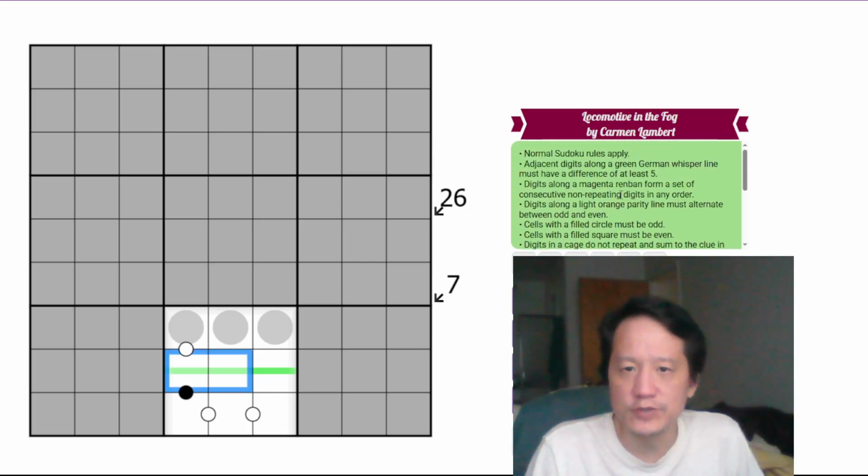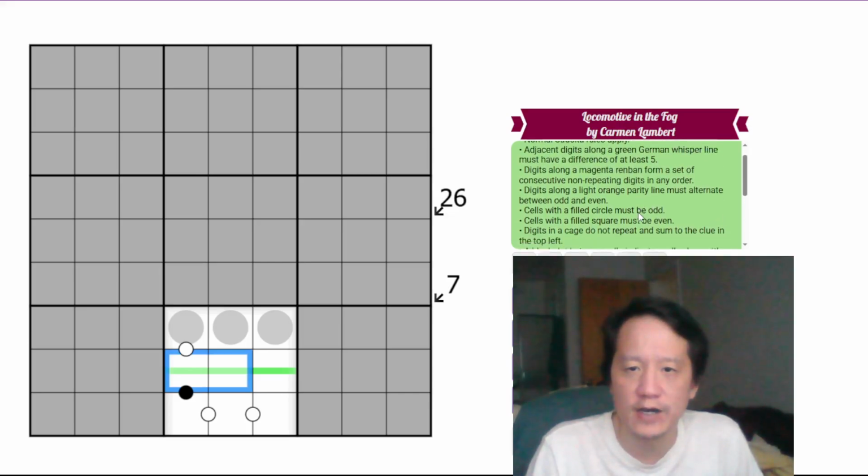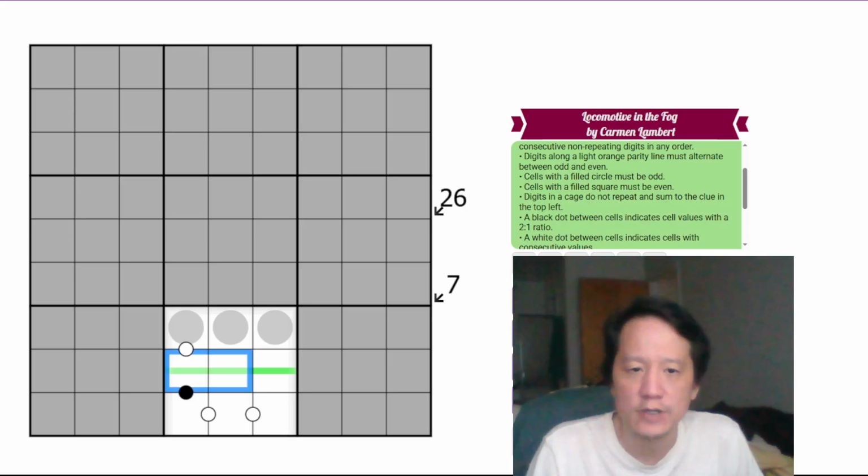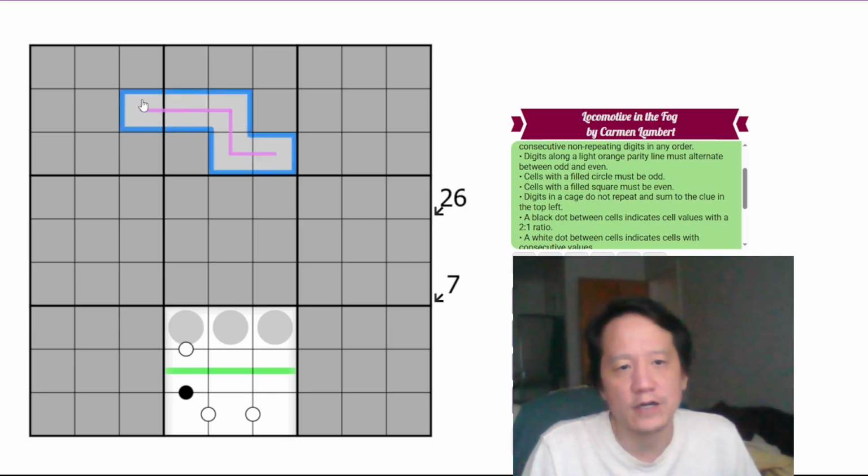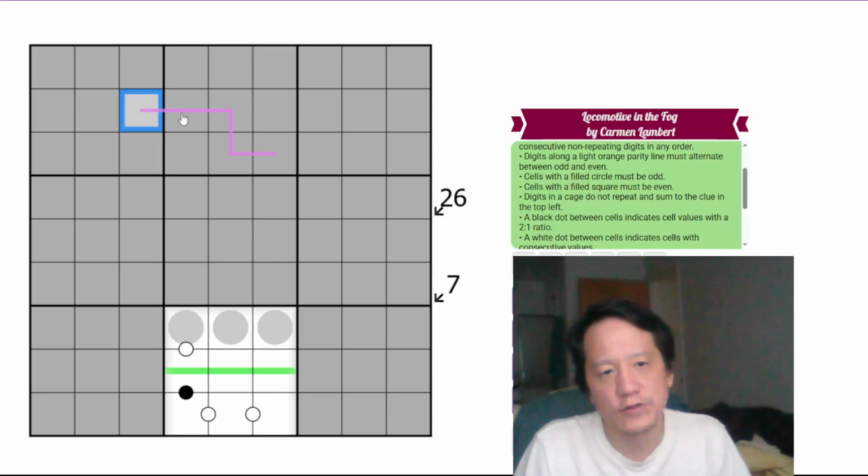We also have digits along a magenta Renban form a set of consecutive non-repeating digits in any order. We don't have an example here, so let's create one. So say, oops, we want to do centers only. So say we had a Renban like this. You could have something along the lines of, say, 3, 7, 4, 5, 4, and 6.